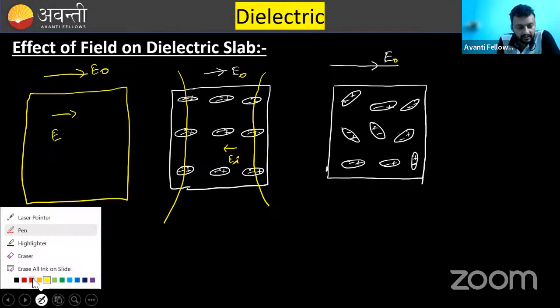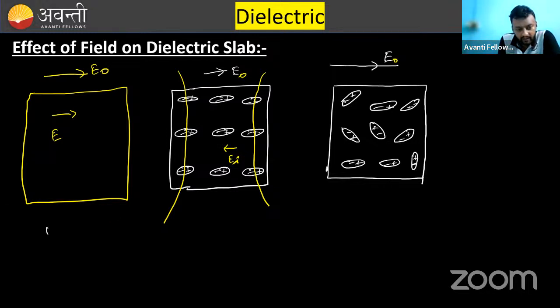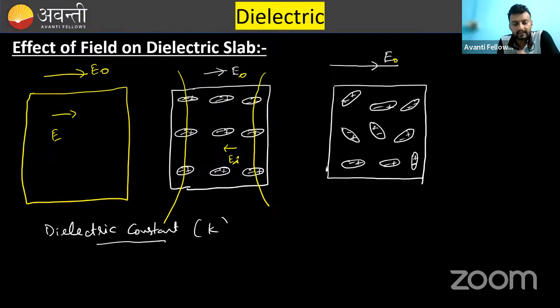And one more thing that is very important here, one term, that is dielectric constant. It is generally denoted by K. What will be its value?